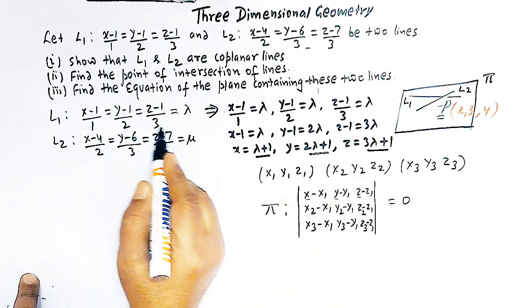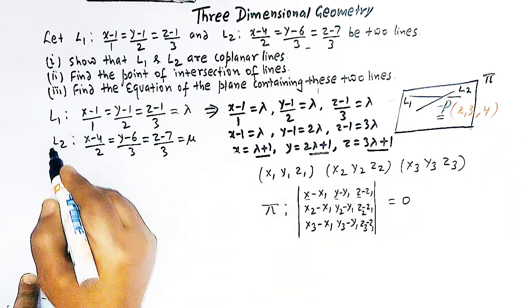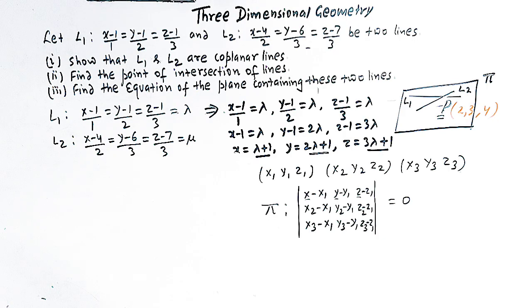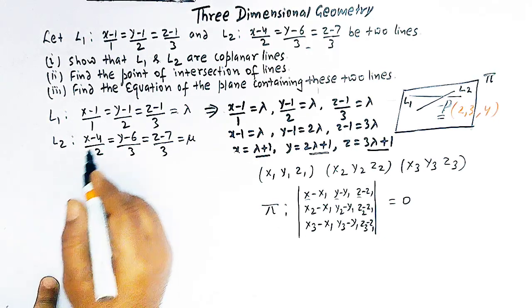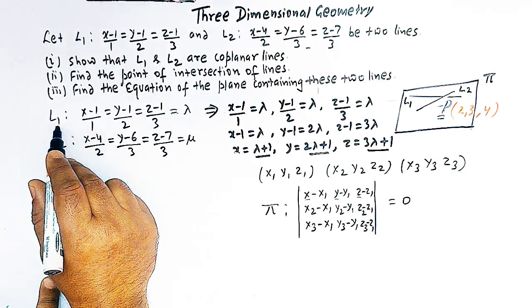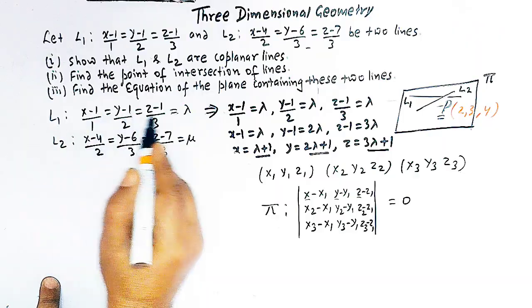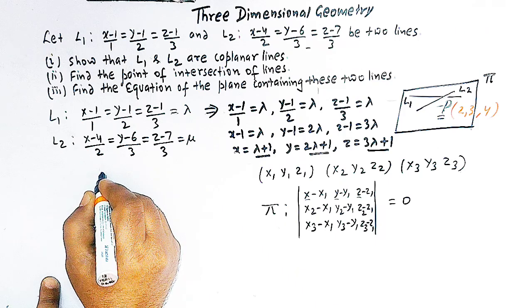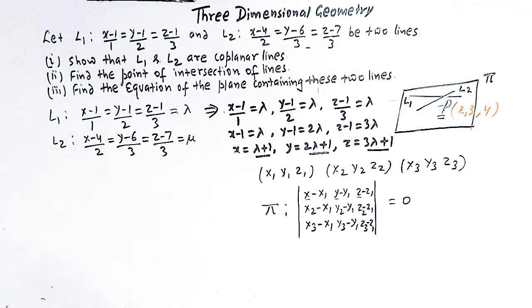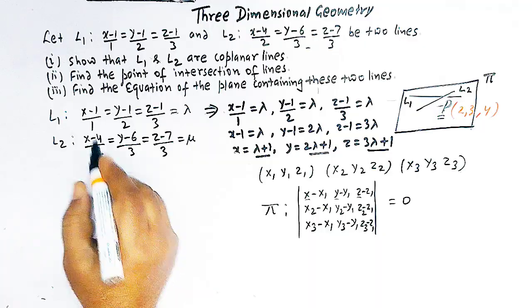Now let us look at the equations of the lines L1 and L2. This line L1 passes through the point 1 comma 1 comma 1, so the point 1, 1, 1 lies on the line L1.